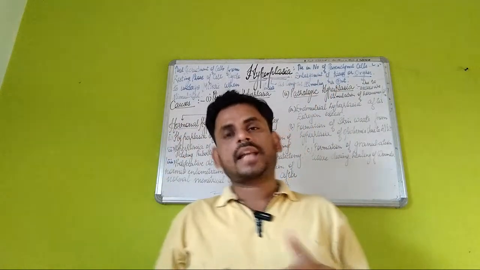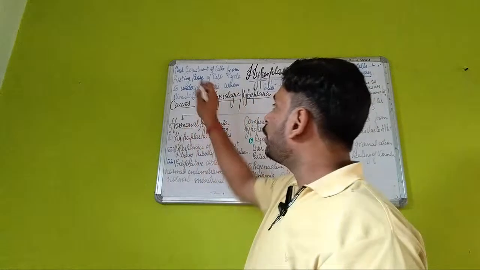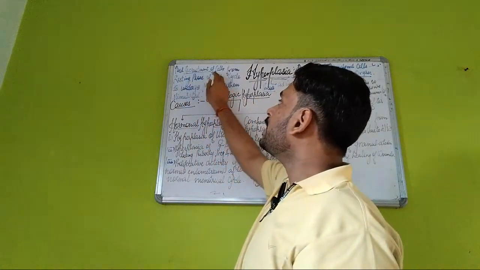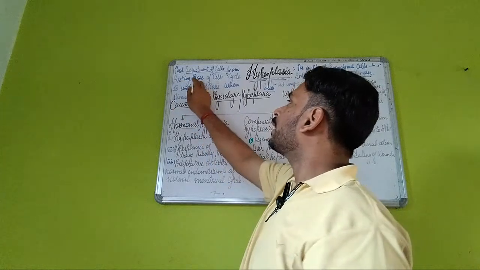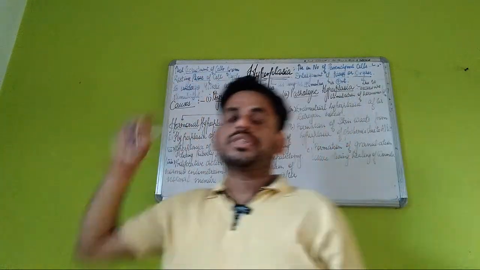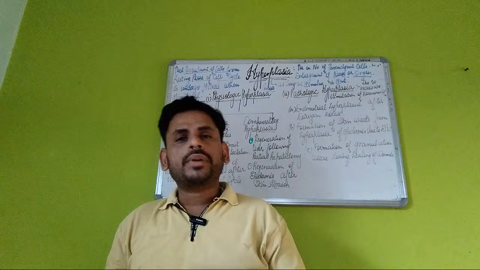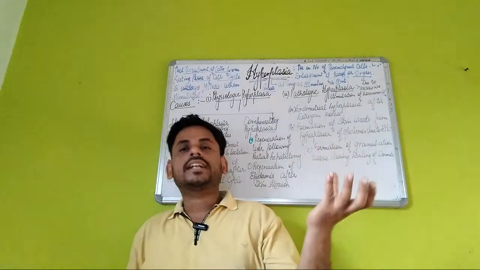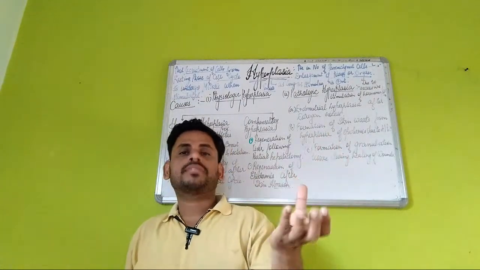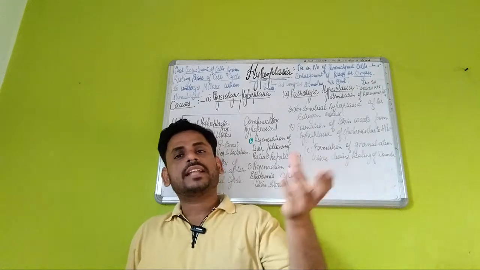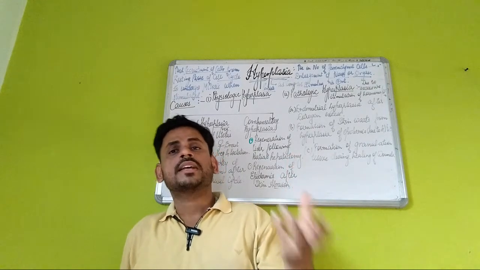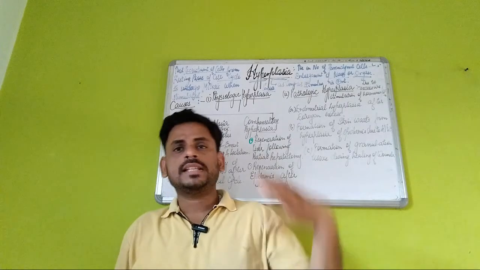Now when hyperplasia is occurring, there is an increased recruitment of cells from the resting phase of the cell cycle. You must have read that the cell cycle has the interphase, the prophase, the metaphase, the anaphase, the telophase; all these phases are there.